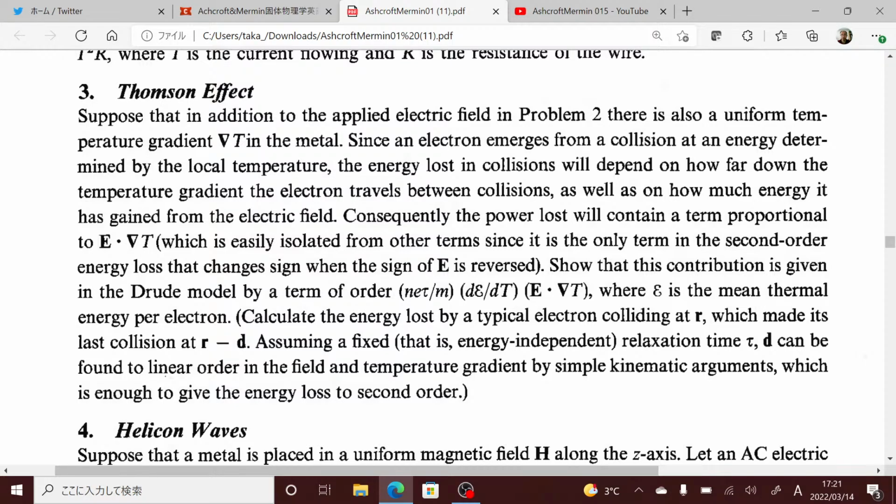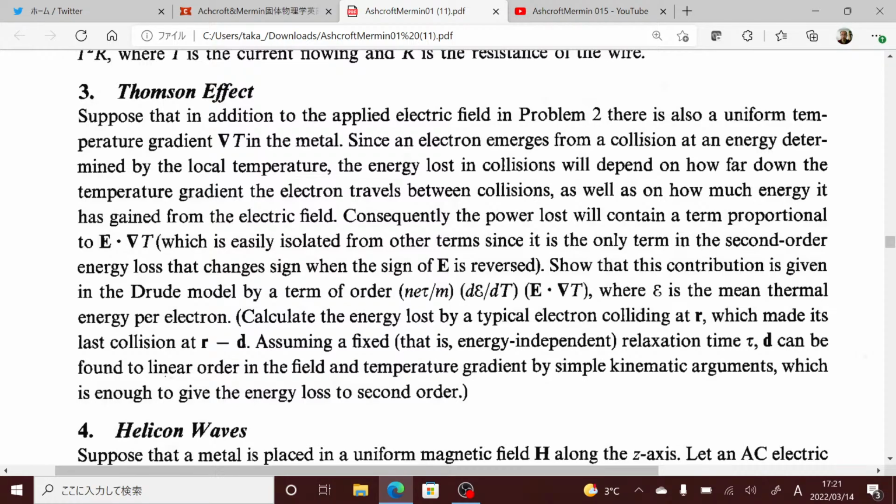Calculate the energy lost by a typical electron colliding at R, which made its last collision at R minus d.